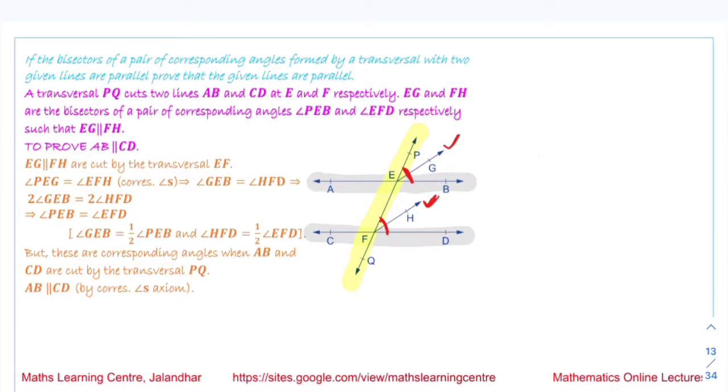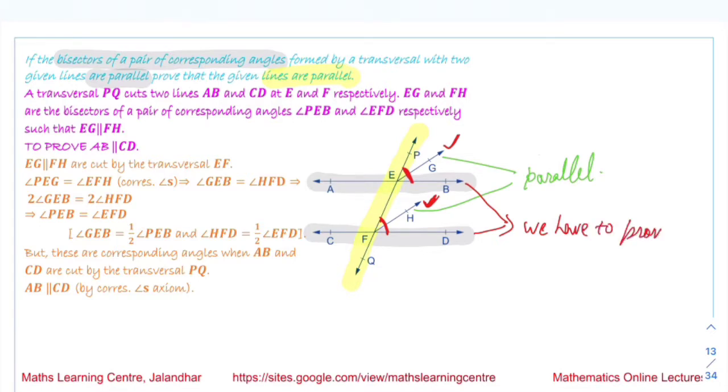It is given to us that these two bisectors are parallel. We have to prove that the given lines are parallel to each other.